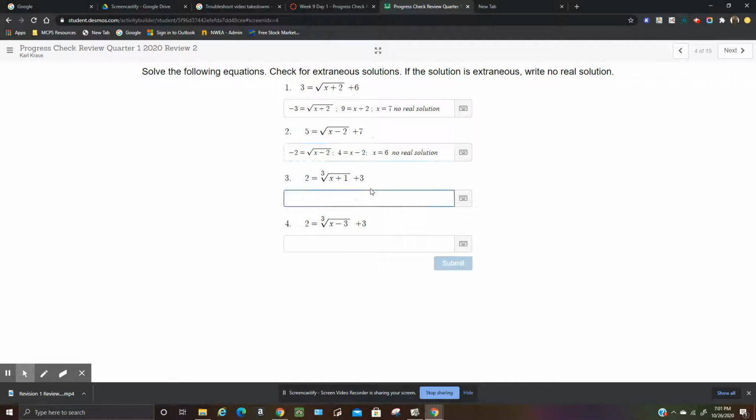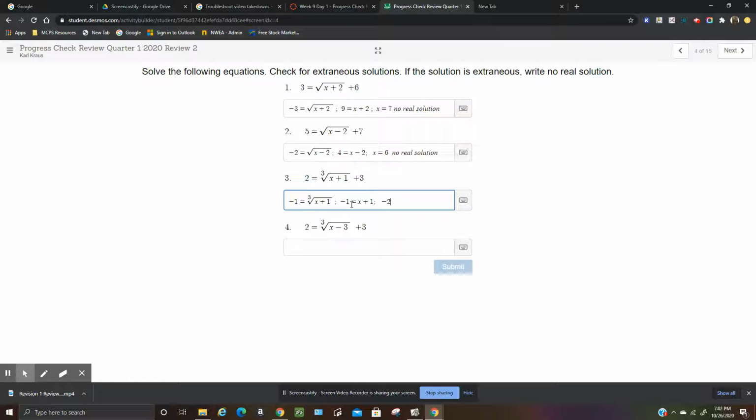And then subtract 1, you have -1 equal the cube root of x plus 1. And then cube both sides. -1 equal x plus 1.